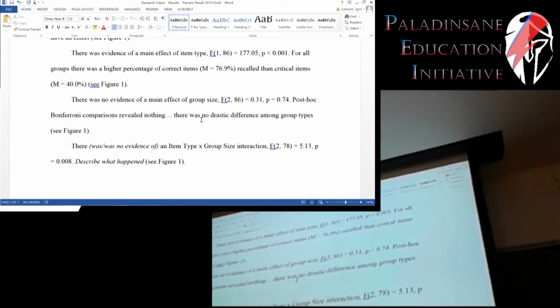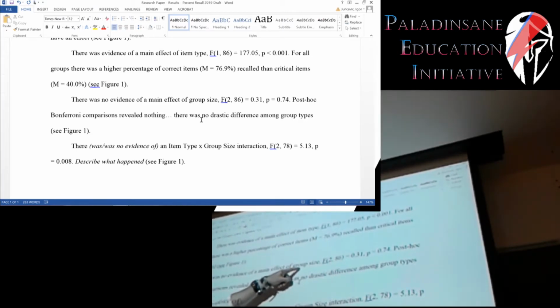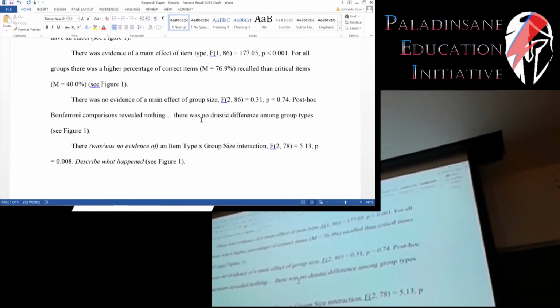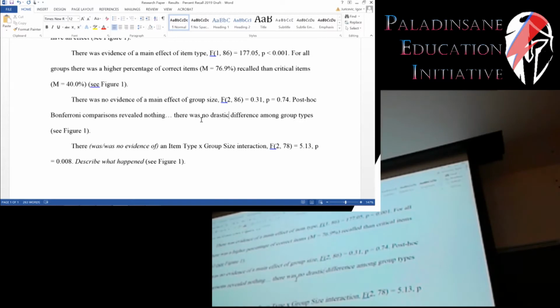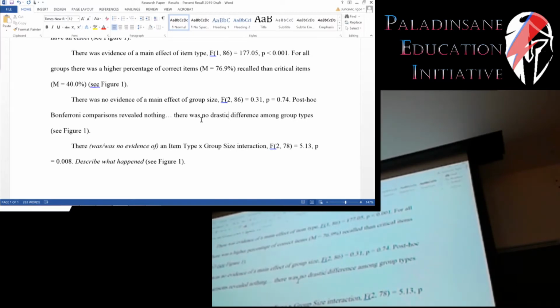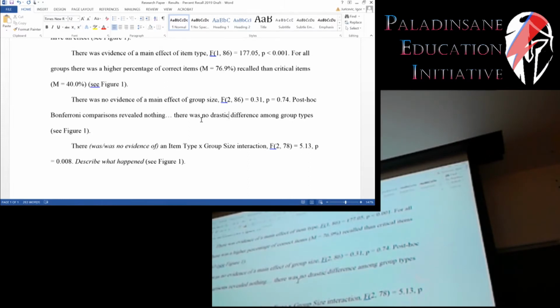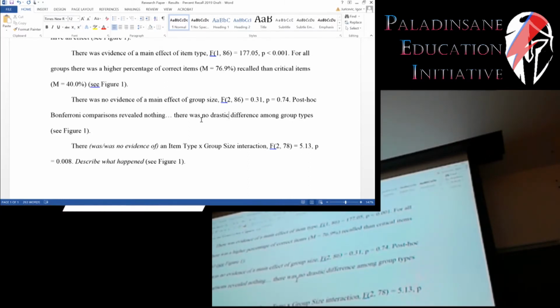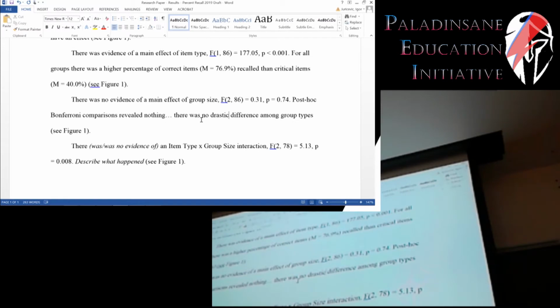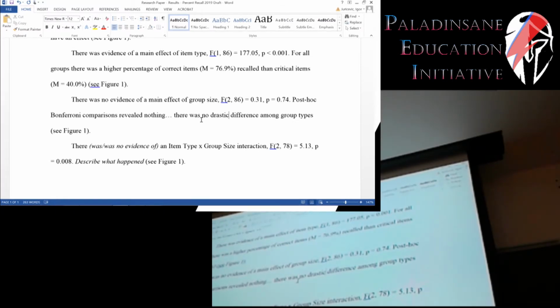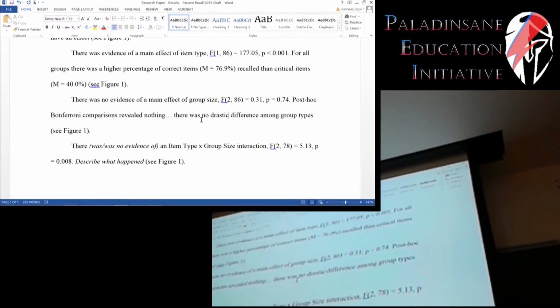Number one, there's no evidence of a main effect of group size. What that means is that the groups, the conditions, the group sizes were not different. There was no evidence that they were any different. So the reader should be able to infer from that that the group sizes, their scores were all the same, right?